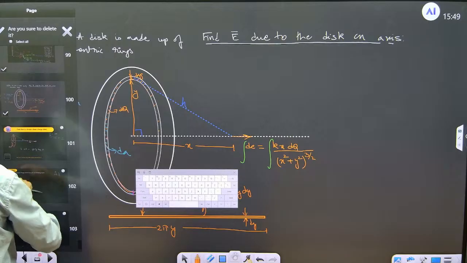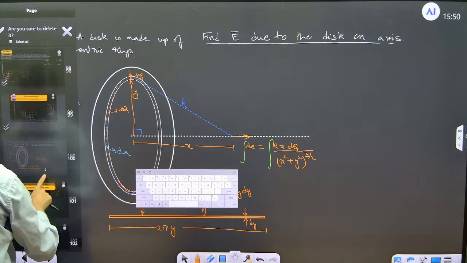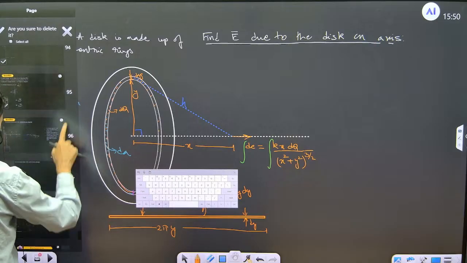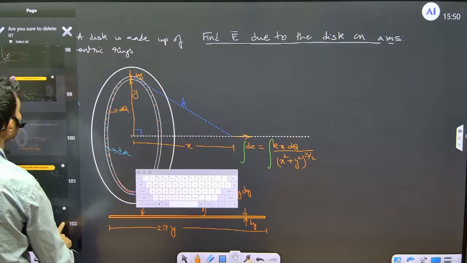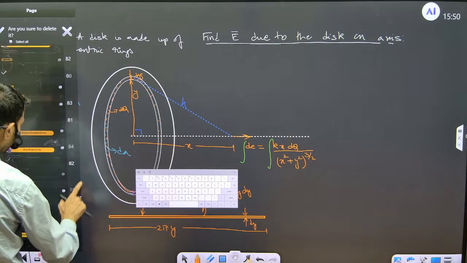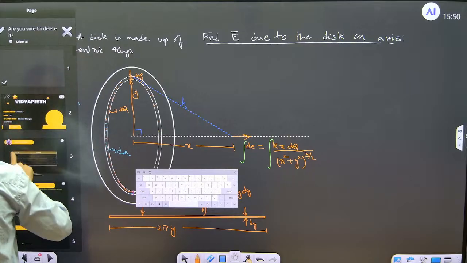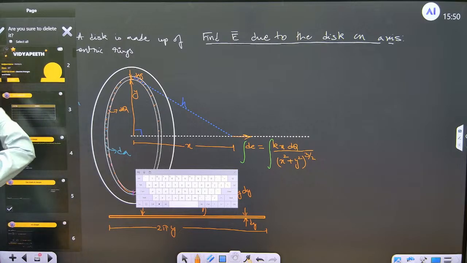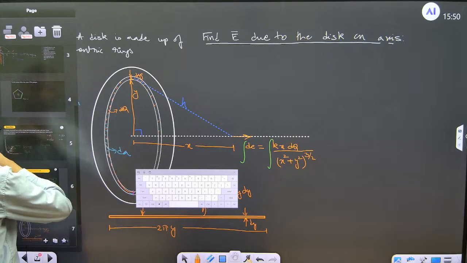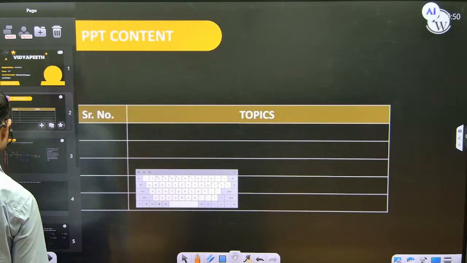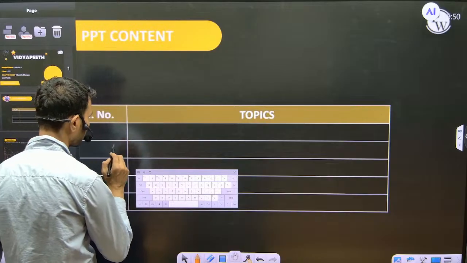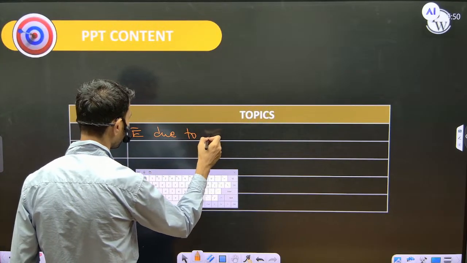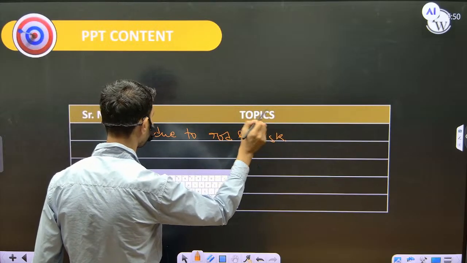Then this, this, and topic is electric field due to rod and disc. So that's the heading.